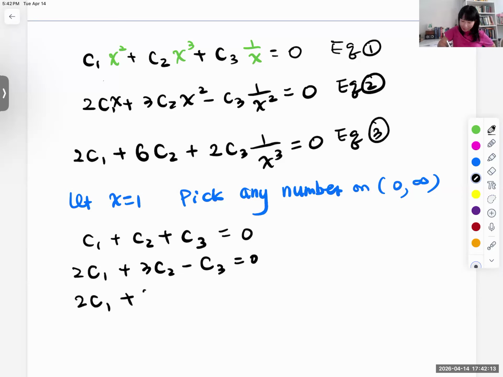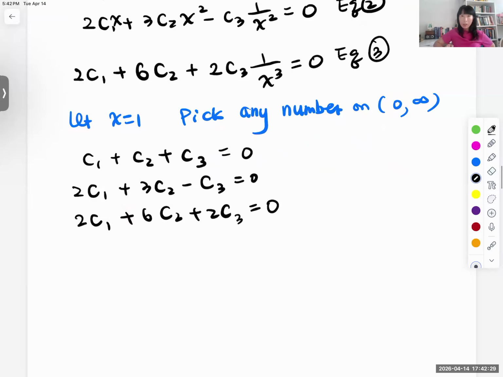So we are using the constants, and we're going to do row echelon form, reduced row echelon form.